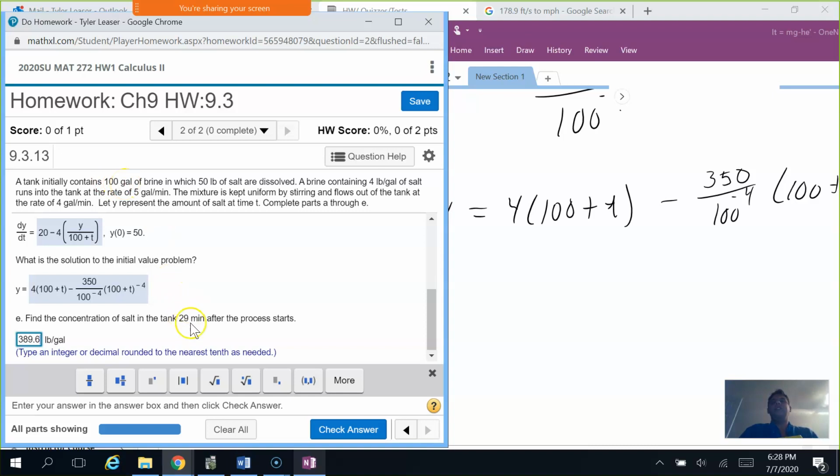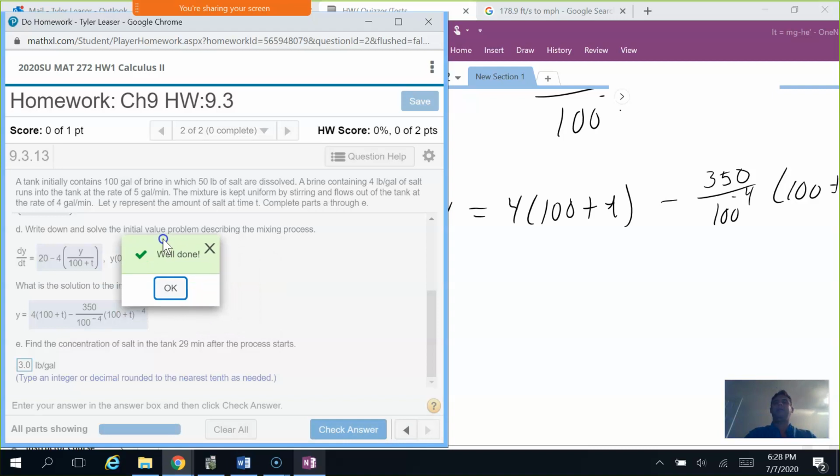Now there's 129, because remember, every minute another gallon is added. So I'm just going to take that answer that I thought I had there and then divide that by 129 to get 3.0. Great. Again, that's me not reading the question all the way through and just trying to answer. Don't ever do that. Read your questions all the way through. Don't be like me.